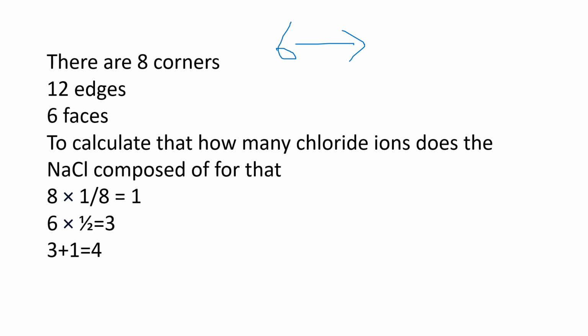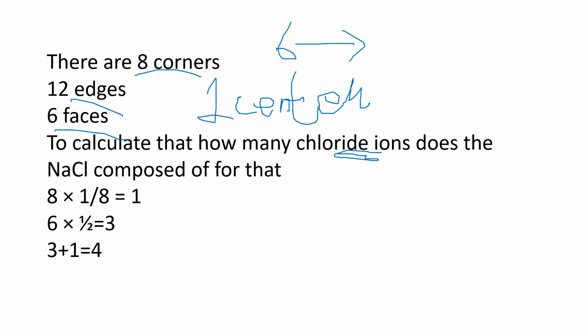Let's find out how many chloride ions we actually have. As you all know, a cube has 8 corners, 12 edges, 6 faces, and 1 center. So it has 12 edges and 6 faces.